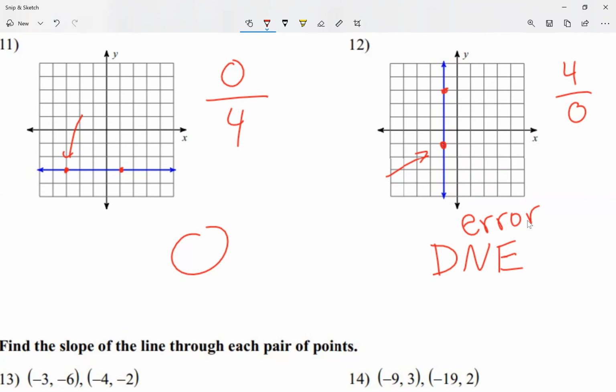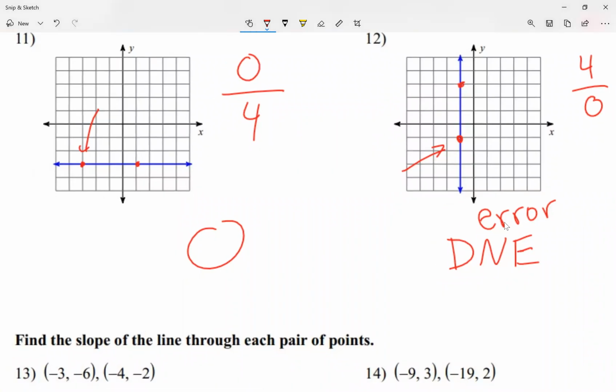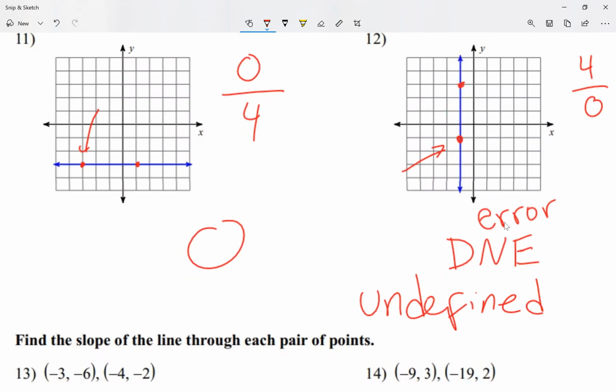So to sound a little sophisticated, to sound fancy, the other word that we have for does not exist is, let me write this down right here. Undefined. Undefined basically means it doesn't exist. It just sounds a little more fancy.